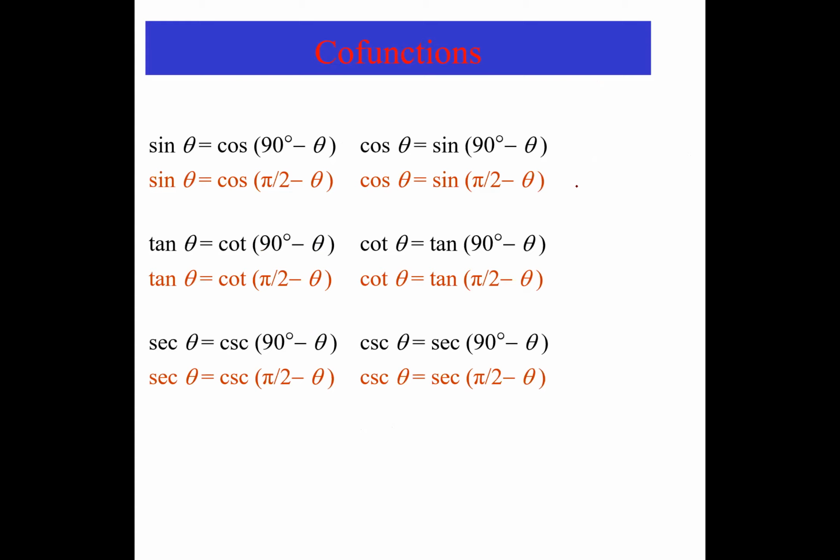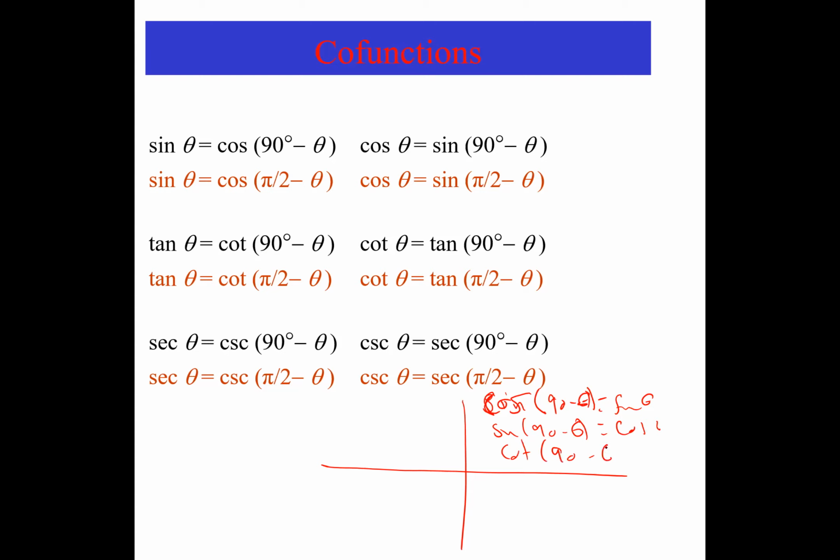And also we studied this yesterday, and I explained the 4 quadrants. The first one is sine or cosine, the same. Cosine 90 minus theta equals sine theta, and sine 90 minus theta equals cosine theta, and cotan 90 minus theta equals tan theta.